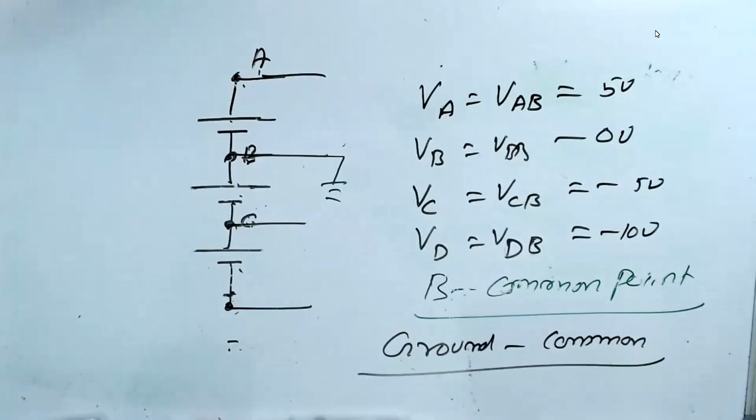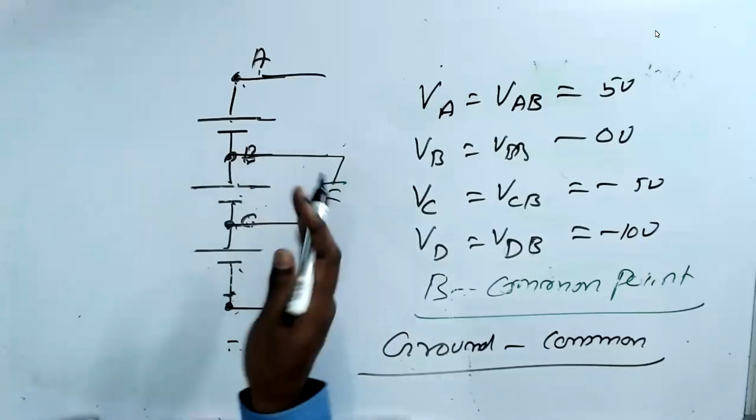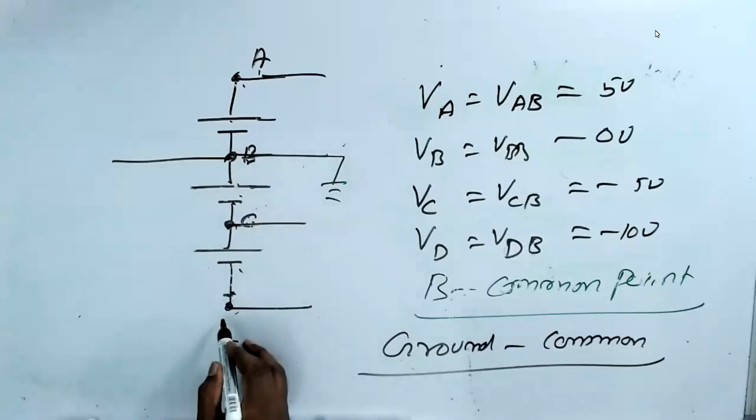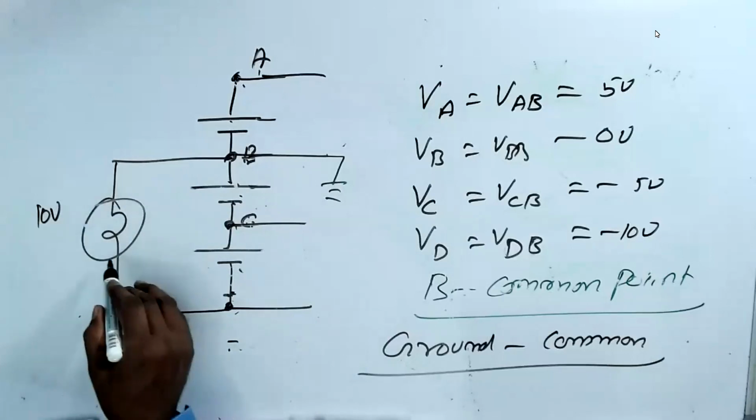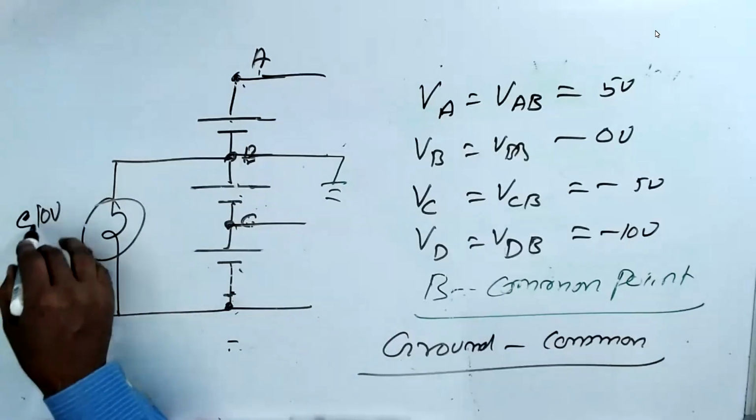If your bulb is connected between point B and point D, and you connect a 10 volt bulb, then this bulb will glow.